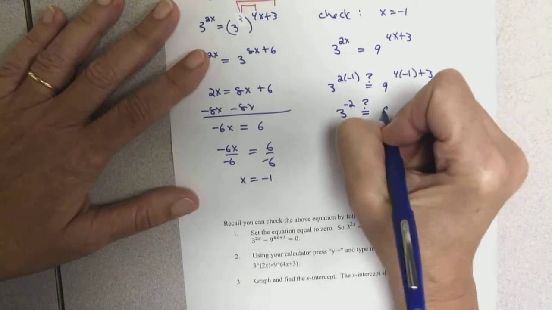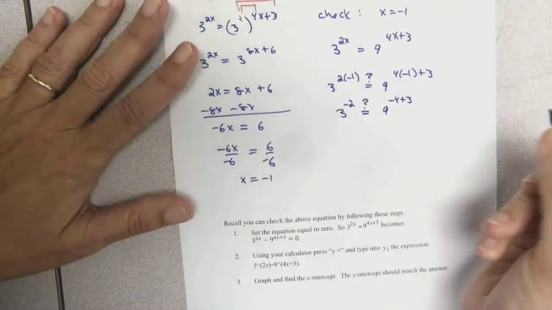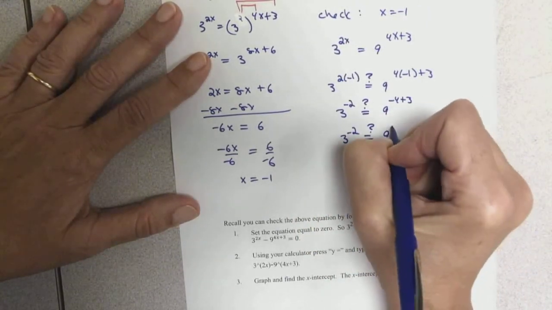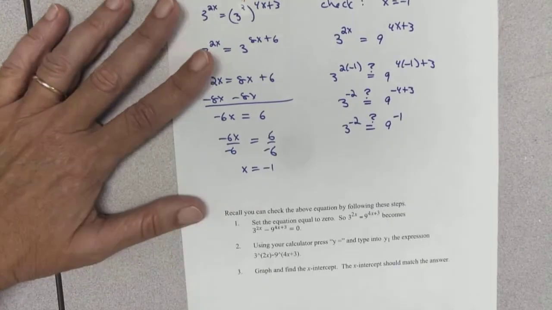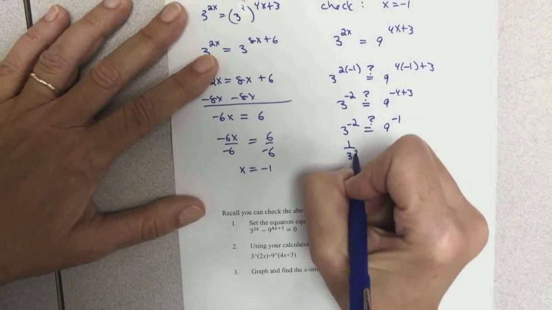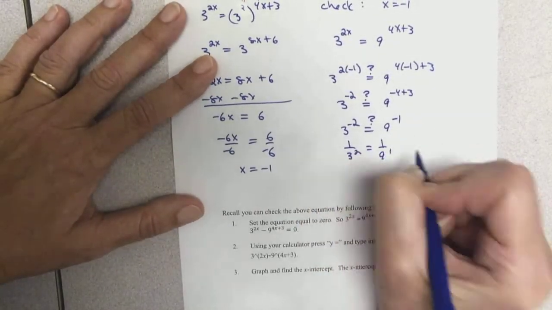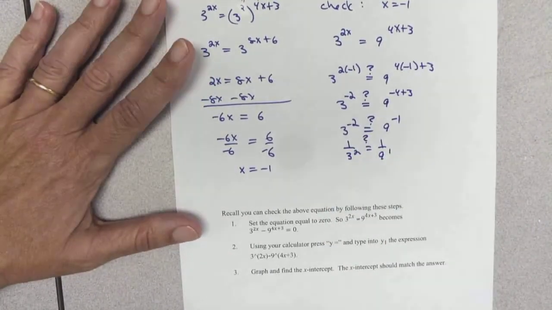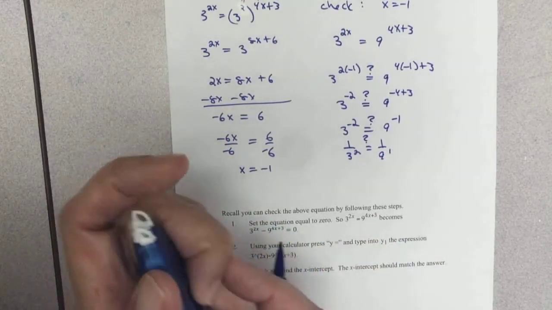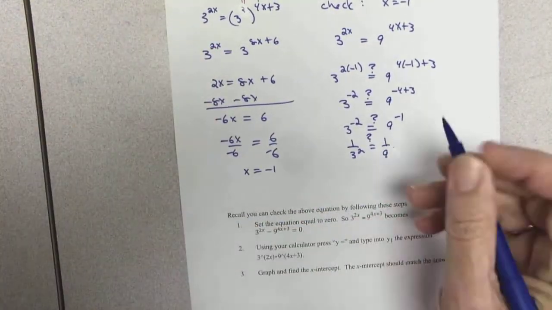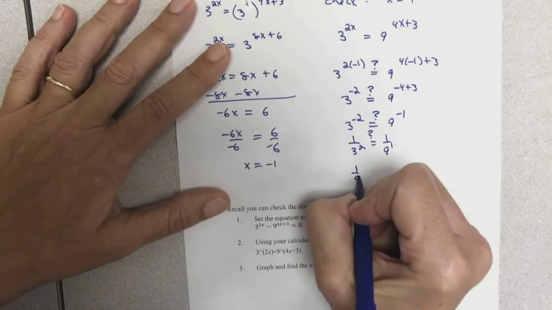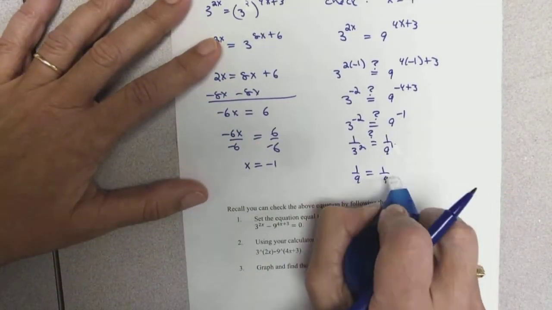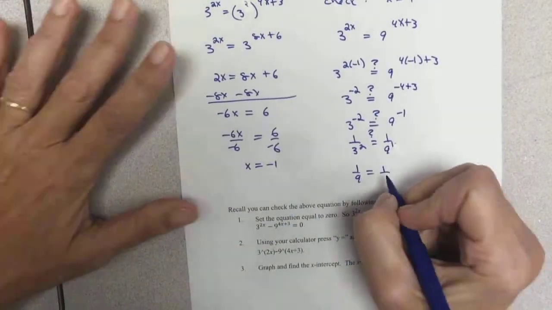Wondering if that's going to be equal to 9 to the negative 4 plus 3, or 3 to the negative 2. Wondering if that's going to be 9 to the negative 1. Negative exponents cause bases to move. So that's going to be 1 over 3 squared. Wondering if that's going to be equal to 1 over 9 to the first. And 1/9 equals 1/9. It checks. So you can check it the old-fashioned way.